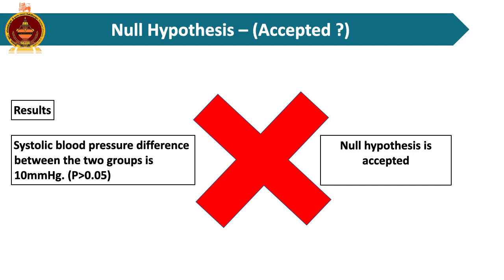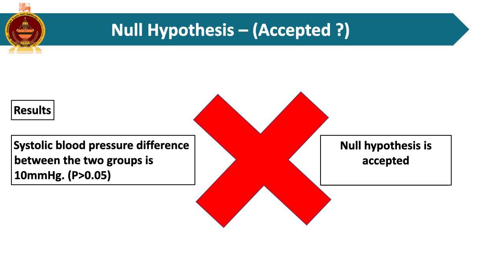Now, the question is whether this observed 10 mmHg difference is purely due to sampling variation or due to the difference in the type of diabetes. What is the probability of observing a 10 mmHg difference due to sampling variation? Is it high?